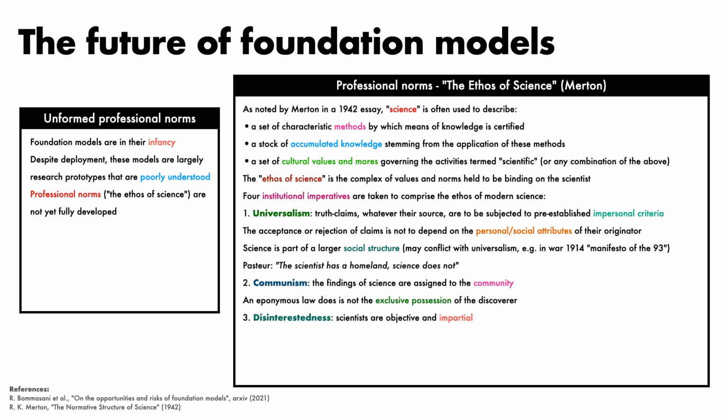The third imperative is that of disinterestedness. Scientists should be objective and impartial. While historically, such characteristics have often been attributed to the personality of scientists, along with other attributes such as altruistic concern and idle curiosity, it may perhaps be better understood through the lens of institutional incentives.